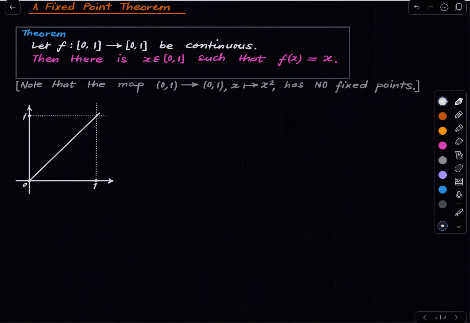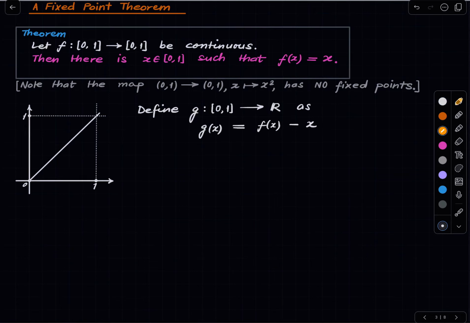So here is just kind of the main step. Define the map g from the unit interval to R as this thing. Okay?